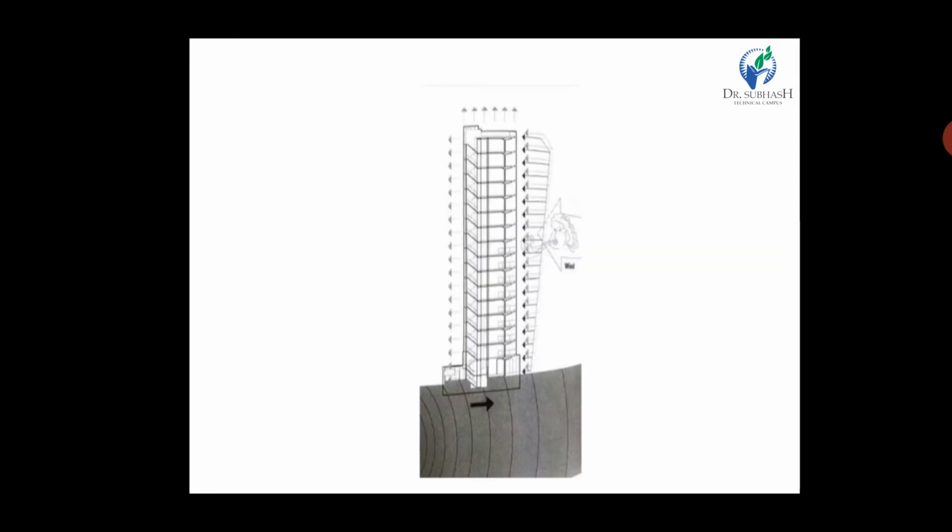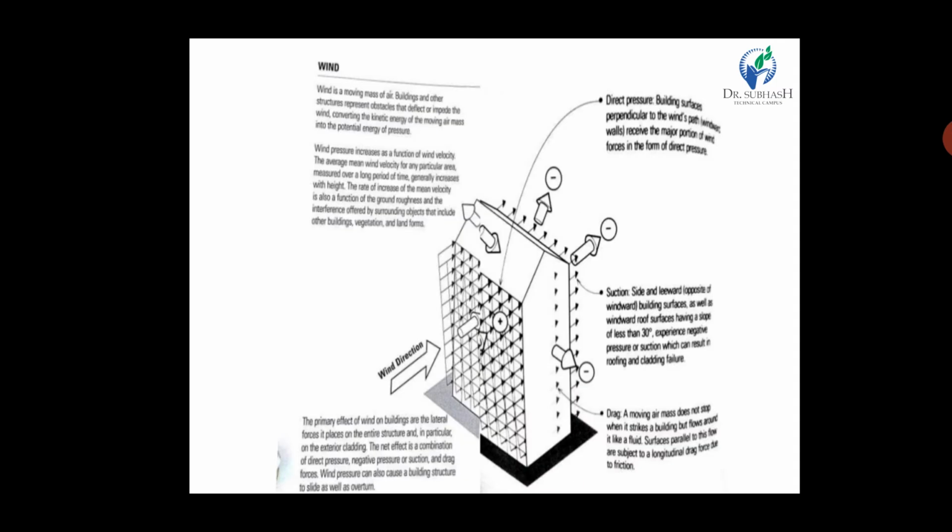You can see in the figure that wind pressure acts laterally, perpendicular to the building, and the wind pressure is converted from the kinetic velocity. Next, on the windward face, direct pressure acts on the building surface perpendicular to the wind, and walls receive the major portion of the force from the direct pressure.